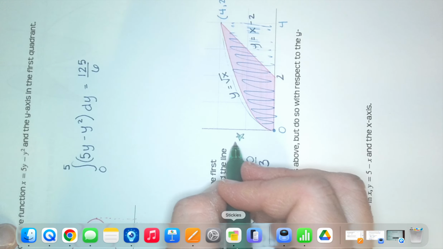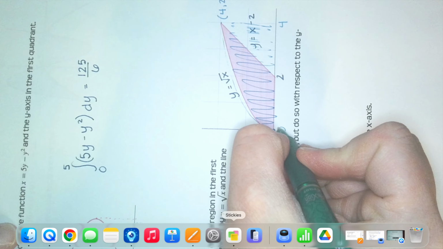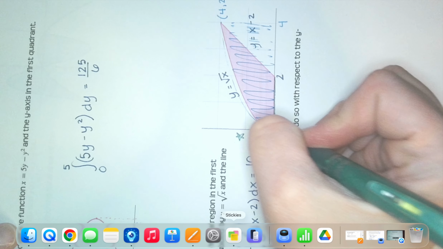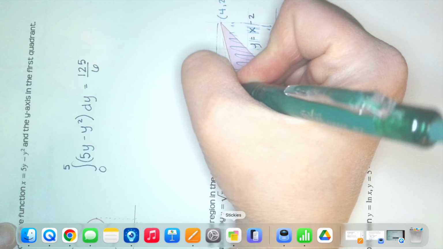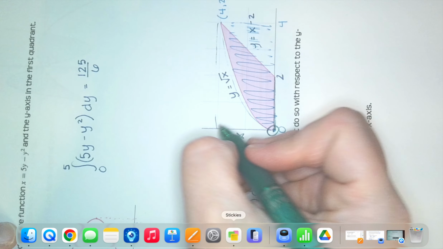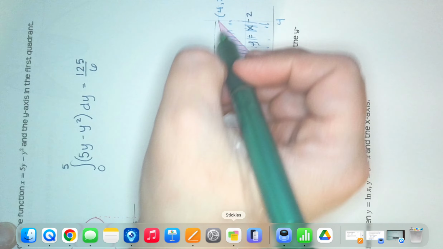Can you see that now I have two very clear start and end points? I'm definitely starting at 0 because all of this is at 0. And I'm ending here at, I didn't trace that line very well, but ending here at 2. So I'm integrating from 0 to 2.